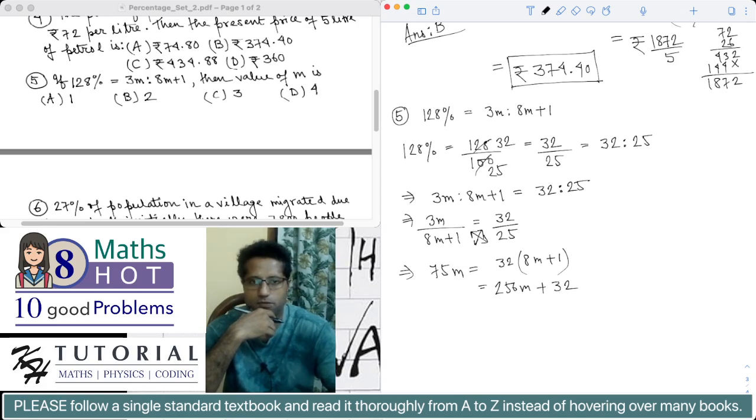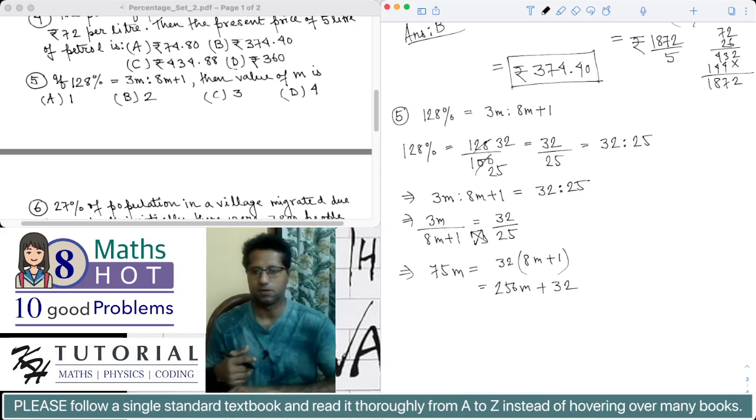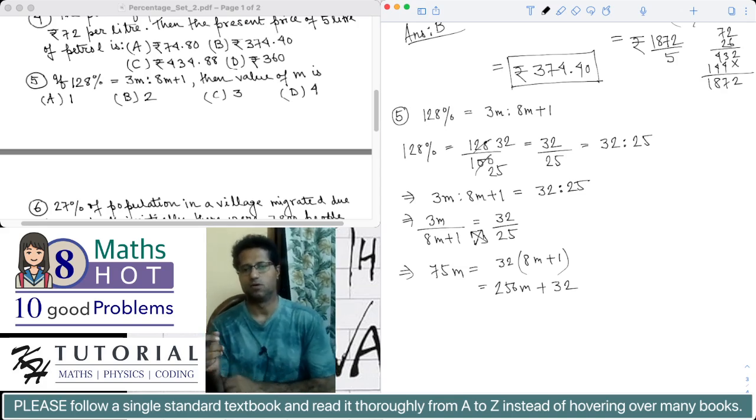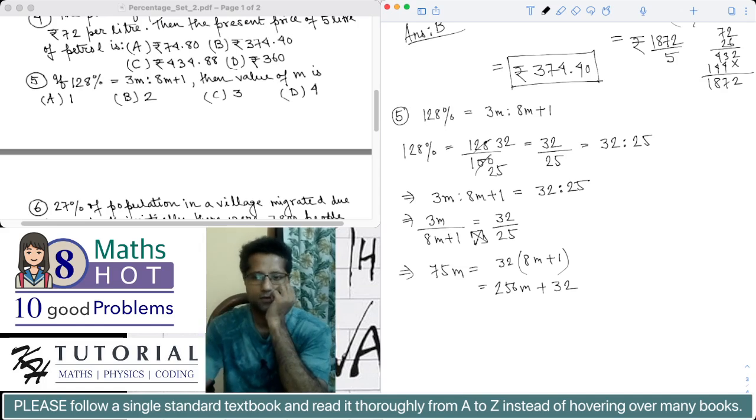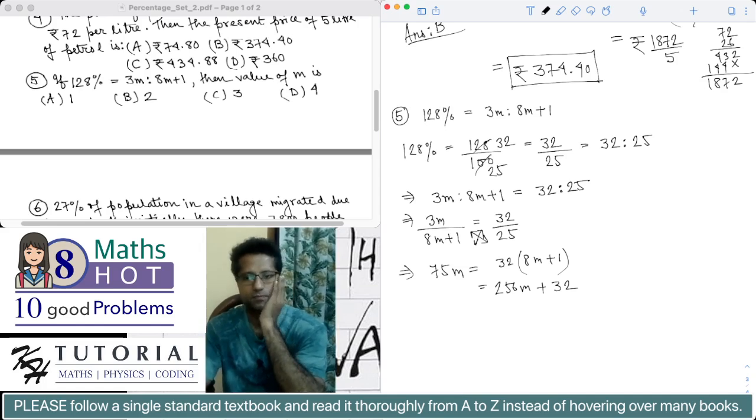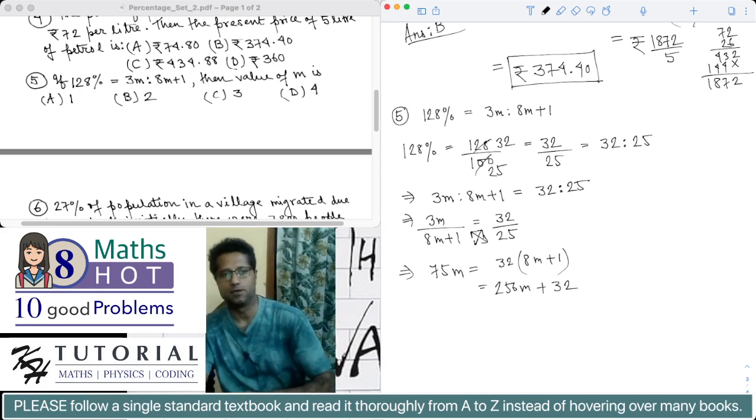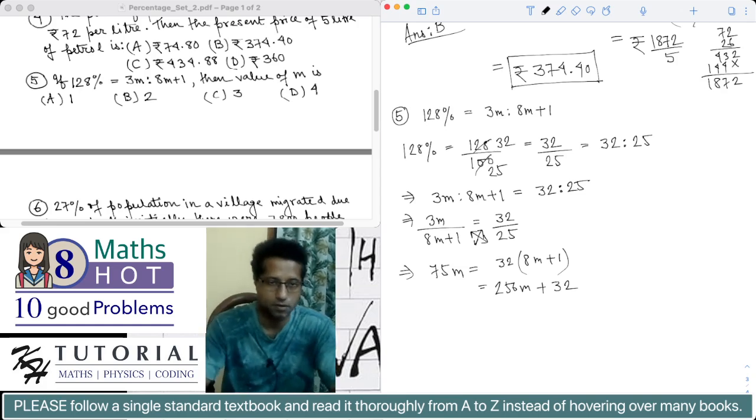So we must have 3m divided by 8m plus 1 is equal to 32 by 25. After cross multiplication, we have 75m is equal to 32 multiplied by 8m plus 1. No, I think something is wrong. Some information given in the problem is wrong.